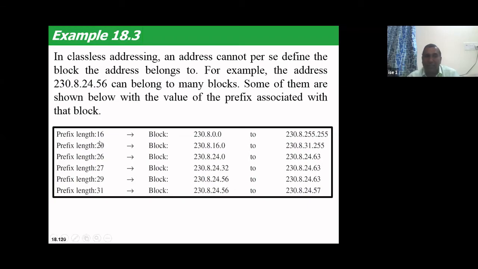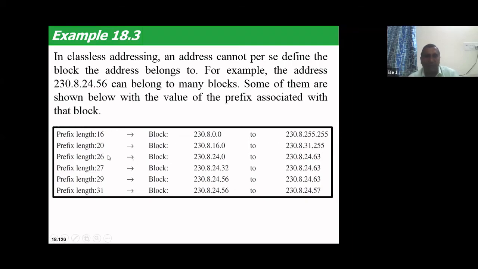If I take the prefix length n as 20, that means out of 32 bits, the first 20 bits are fixed, and the last 12 bits are going to change for the first address. So I'll be getting the address accordingly.